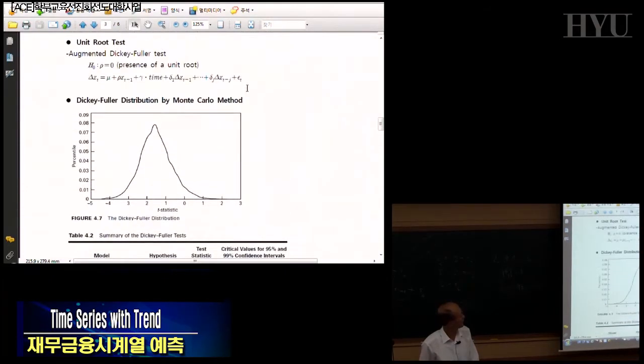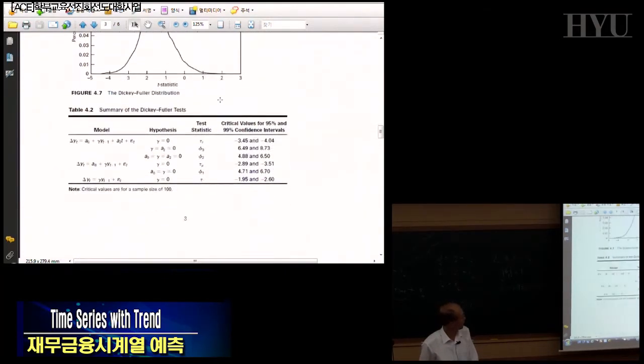And going back to this equation, try to remember the intercept term is expressed as A0. The coefficient on the lagged level is gamma, and the coefficient on the time trend is A2, right? So A0, A2, and gamma.